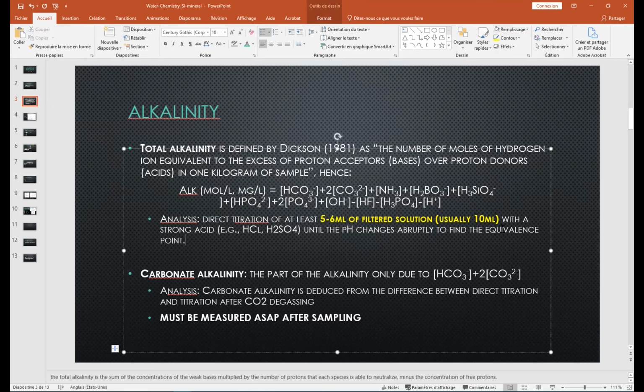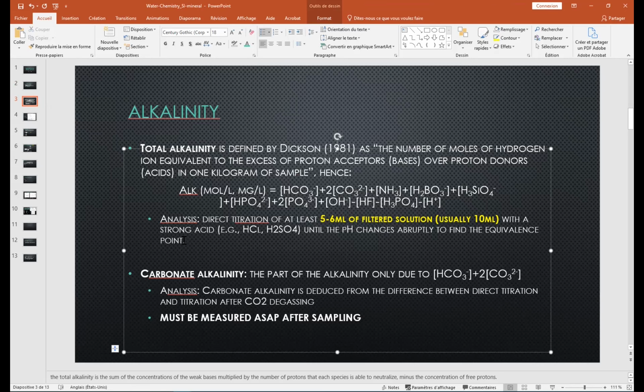You add a strong acid to your solution and make the pH change, to find the equivalent point where you have finally neutralized all the excess protons, the free protons you have in your solution. I'm going to show you next.